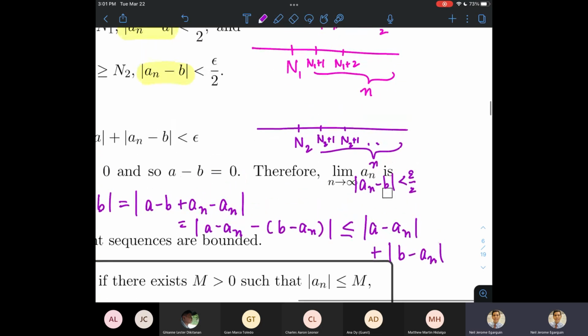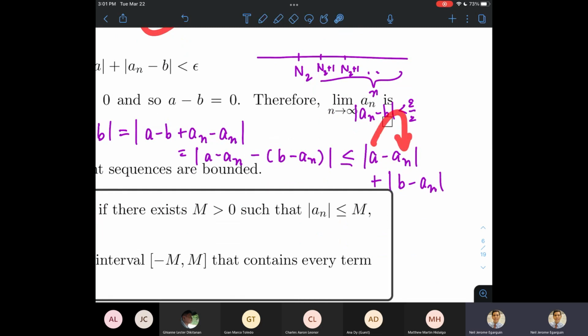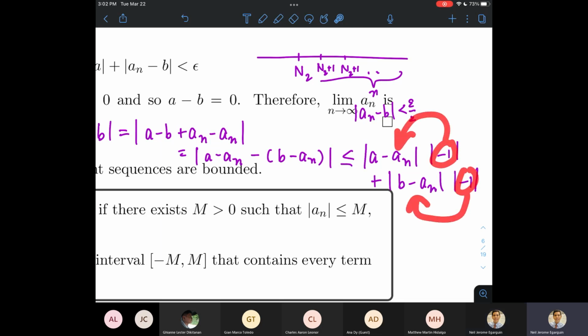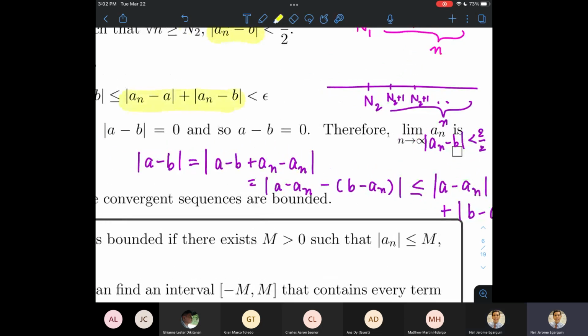Tapos para masulat ko siya ultimately in this form, all right? So pwede kong pagpalitan yung roles nila by just multiplying absolute value of -1 to these two guys, all right? Tapos kasi ang absolute value ng -1 ay equal lamang kay 1, so that's perfectly valid. Then this -1 multiplier can go inside of the first factors. So we'll have ultimately this, AN minus B. Okay? So kaya ako nakuha yan.